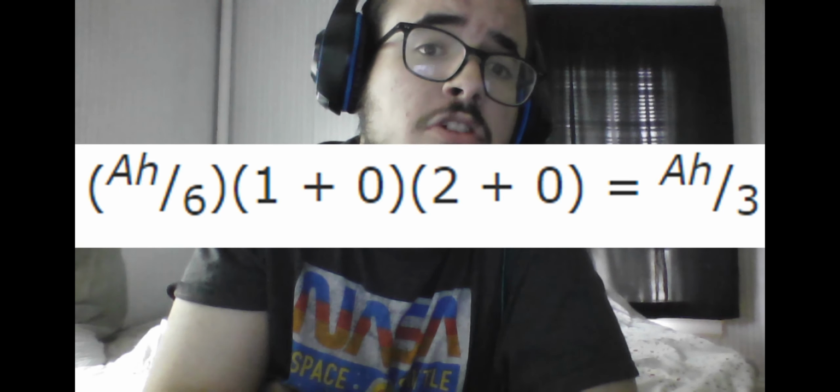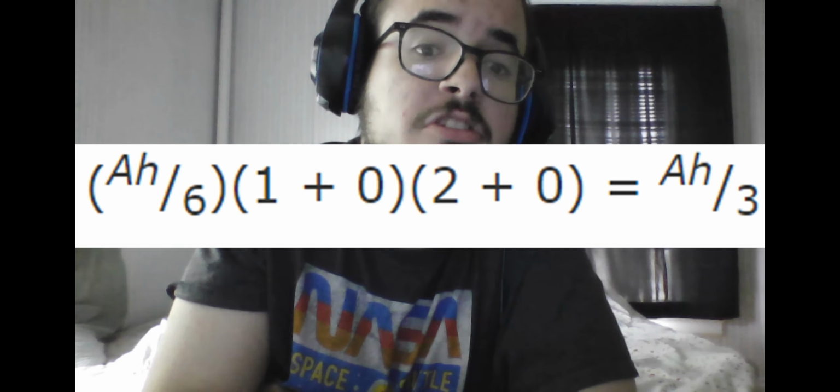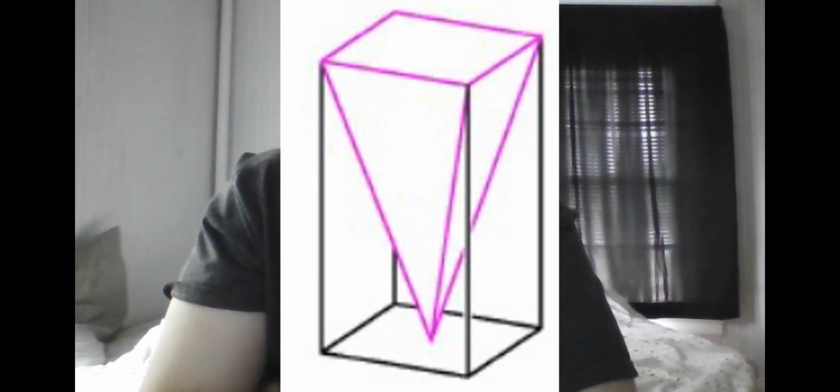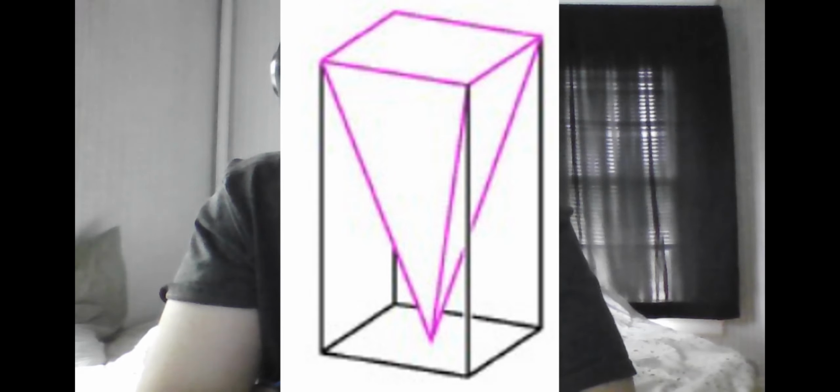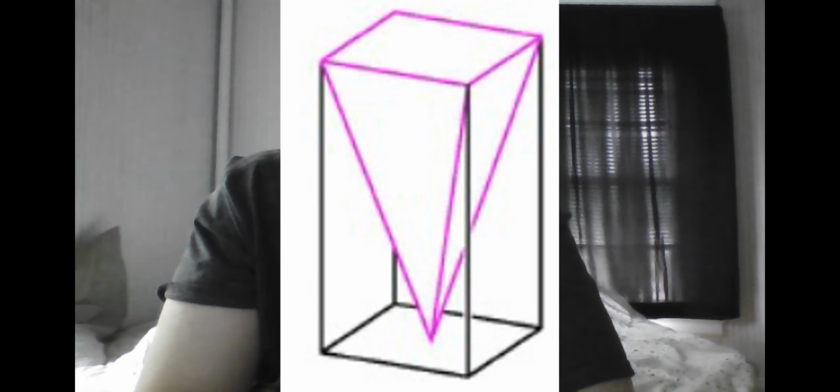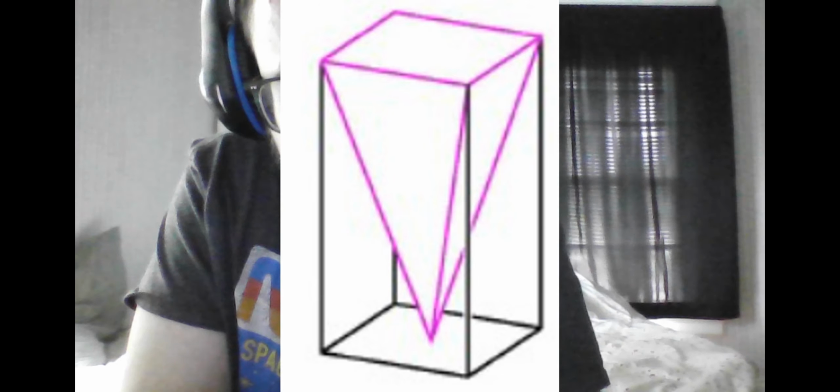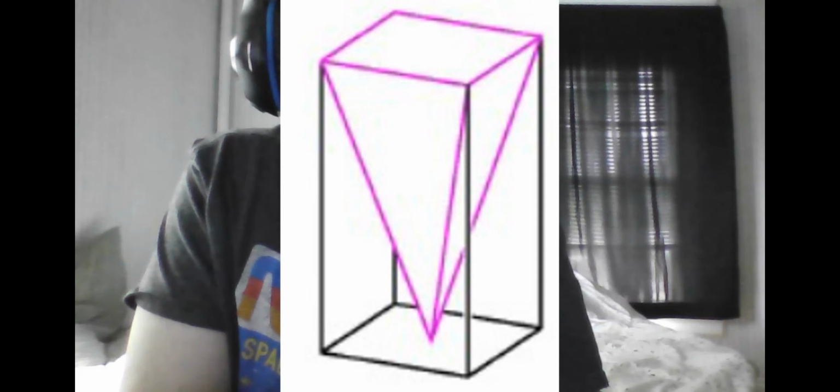Although we could assume, based on visual estimation, that a pyramid is 1/3 the volume of a prism, we must remember that in geometry, making assumptions based on what you see is not how you prove things, but rather by strict mathematical definitions. Now that I've given a comprehensive proof of the surface area and volume of a square pyramid, we can investigate the surface area and volume of a rectangular pyramid.